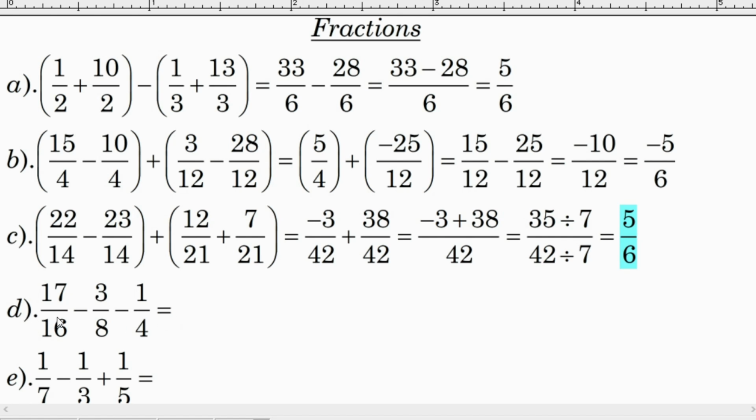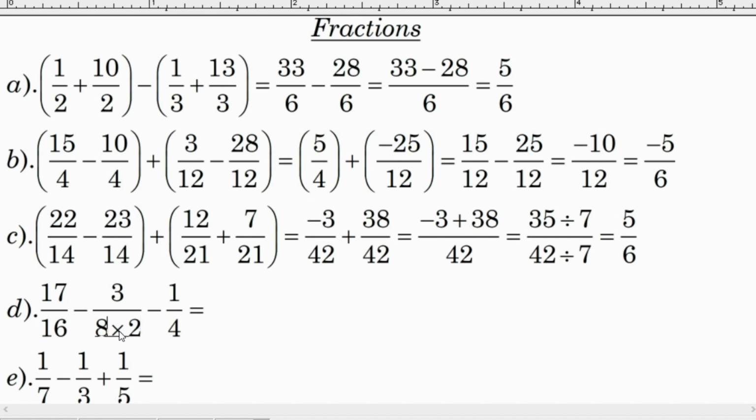Here is D. We have 17 divided by 16 minus 3 divided by 8 minus 1 divided by 4. Okay, so we have to find the same denominator. So we have 8, which can multiply with 2, so that will be equal to 16 as well.